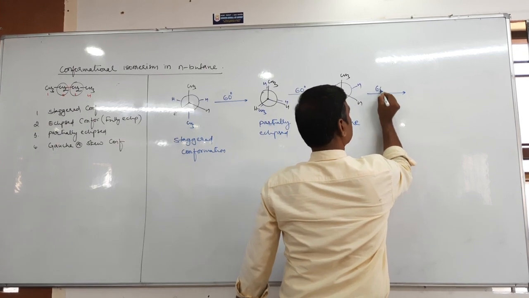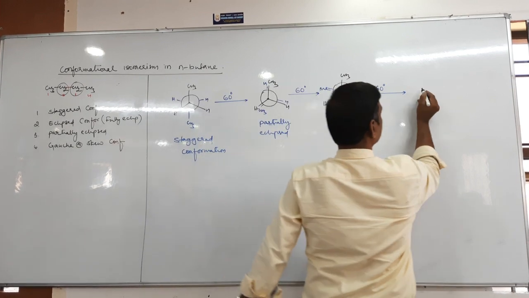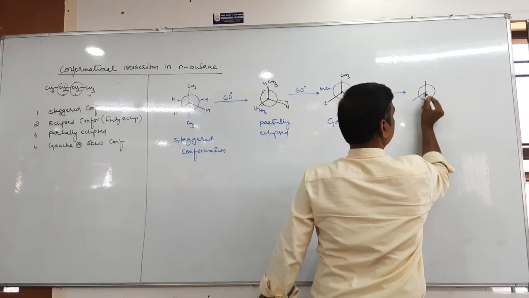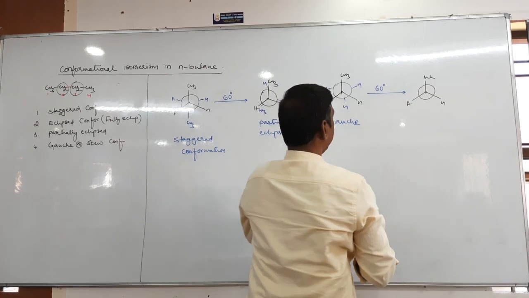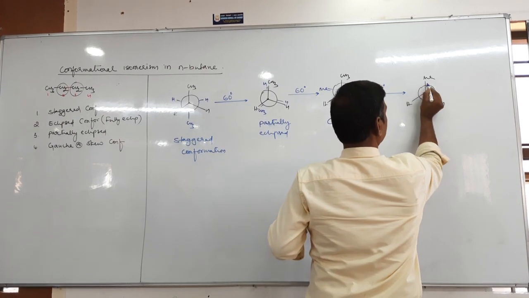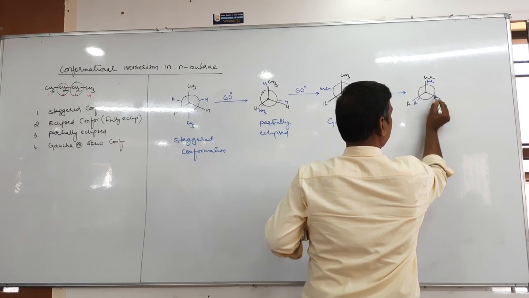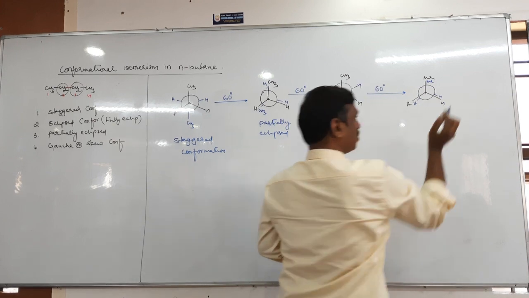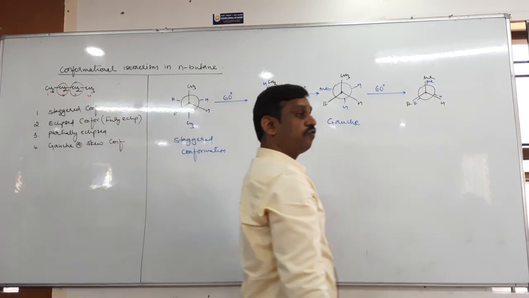Next, rotate 60 degrees more, again to the right. There will be a front carbon with the same methyl group and hydrogens. The methyl group on the back carbon comes exactly behind the methyl group, and all hydrogens come exactly behind hydrogens. This is called fully eclipsed.